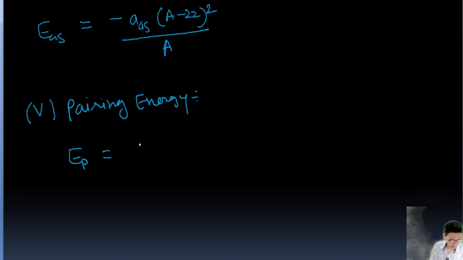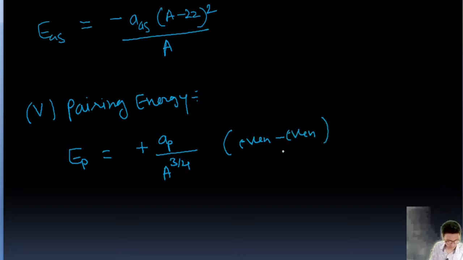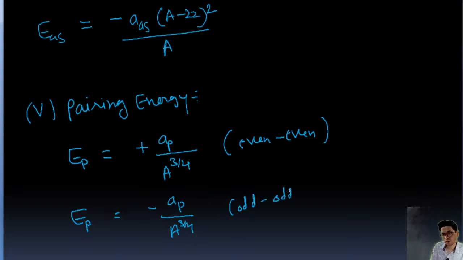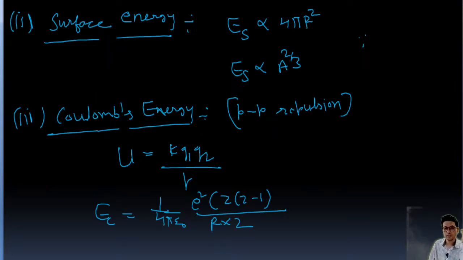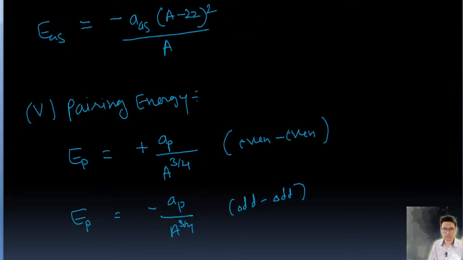EP is equal to plus AP upon A to the power 3 by 4 for even, and EP, that pairing energy, is equal to minus AP upon A to the power 3 by 4 for odd. These are the different energies: asymmetric energy, surface energy, Coulomb energy, volume energy, and the pairing energy.